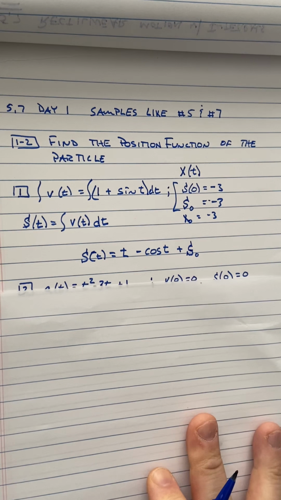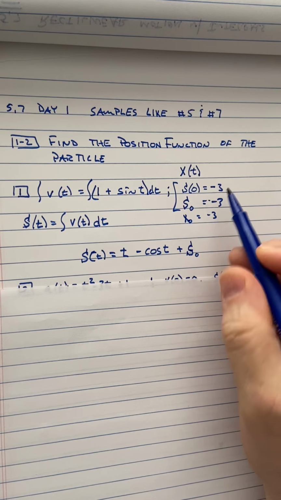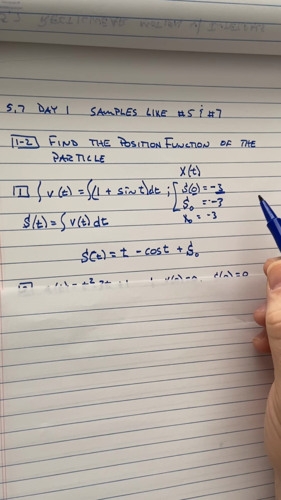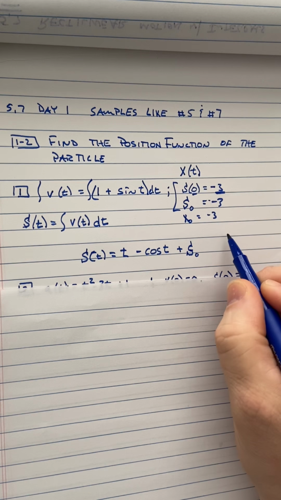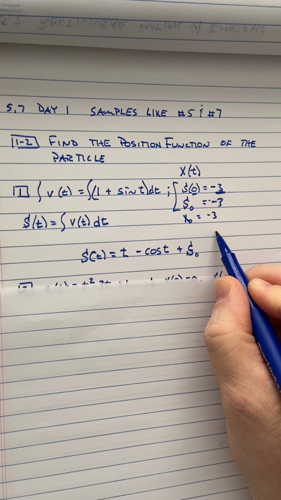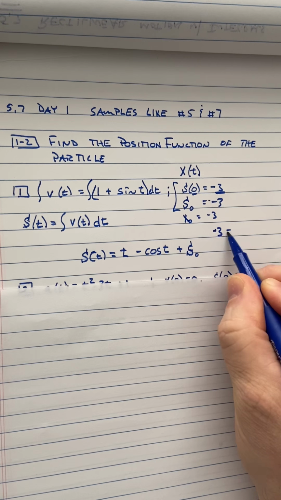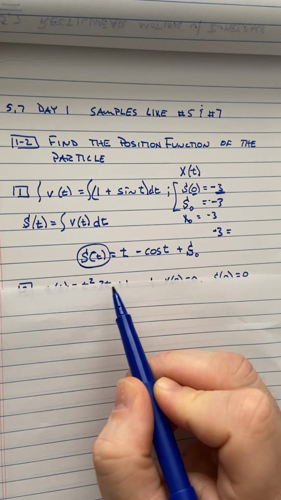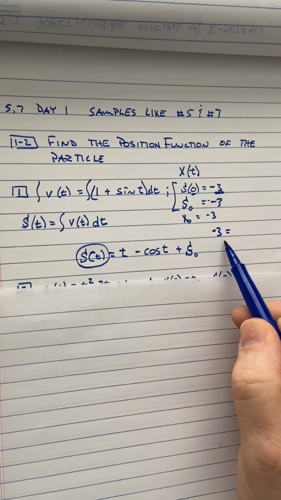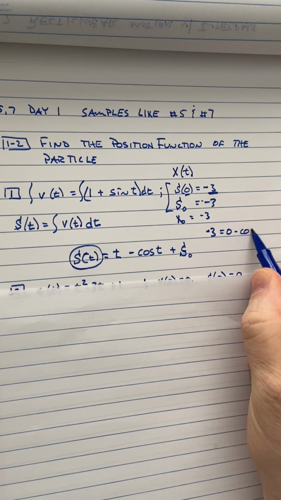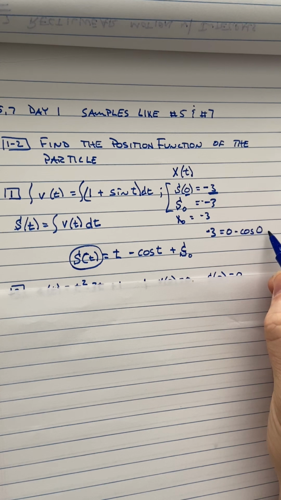Let's find that initial position now using t equals 0 and the initial position at -3. So we have -3, shoving it in right there, equals 0 minus the cosine of 0 radians plus c.